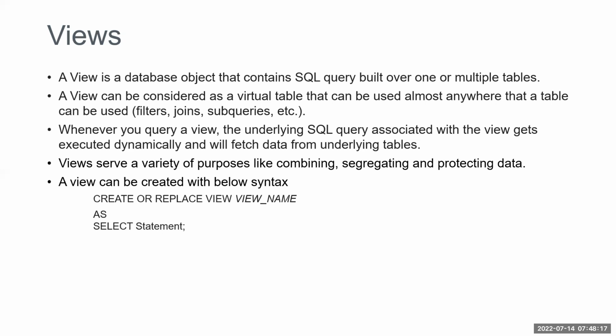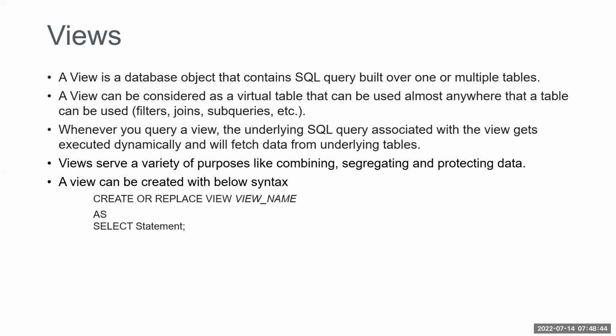Whenever we try to query the view, it will be executed in the background, and it will fetch the data dynamically. That means at runtime it will fetch the data. There will be no stored data in that view, but at runtime it will fetch the data from the underlying tables mentioned in that SQL query.